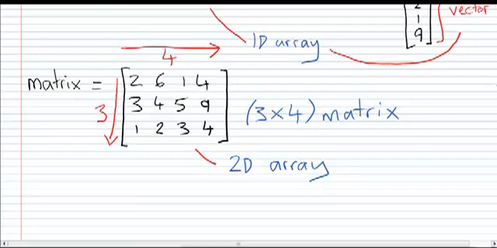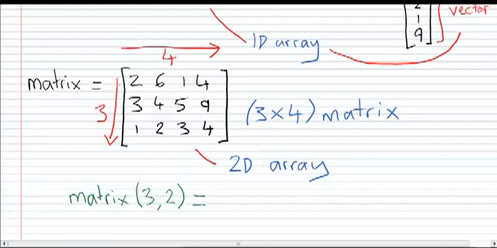So for example, if we wanted to find out what the value was stored at index, let's say 3, 2 of matrix, so we might write this as the position at 3, 2 in matrix. Now remember, when we're listing the index of a two-dimensional matrix, the first number is the row number and the second number is the column number.